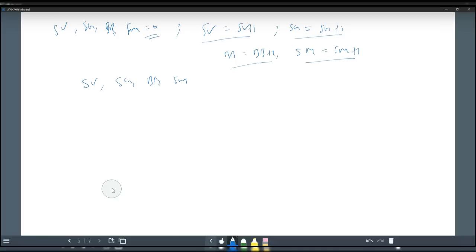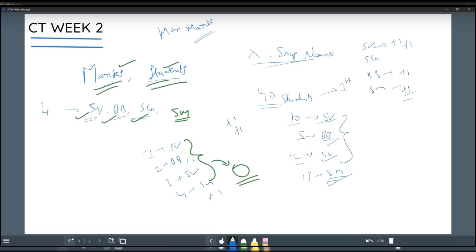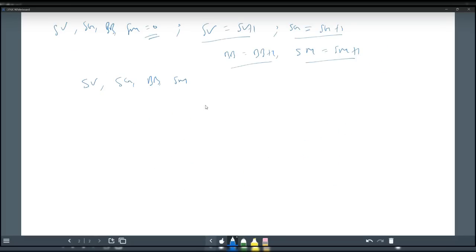Like in this example, we got the results to be 10, 5, 12, 13. So out of these 4 variables, please make note of this point, students. Here we are incrementing only these variables.